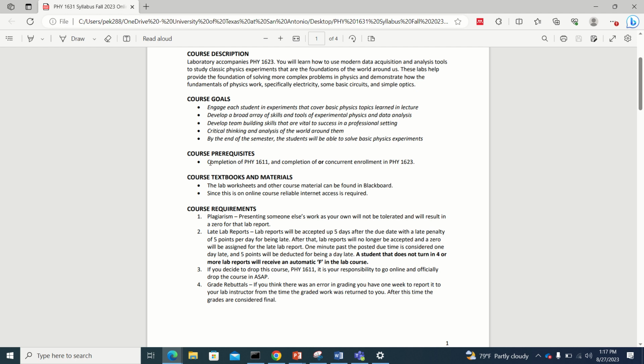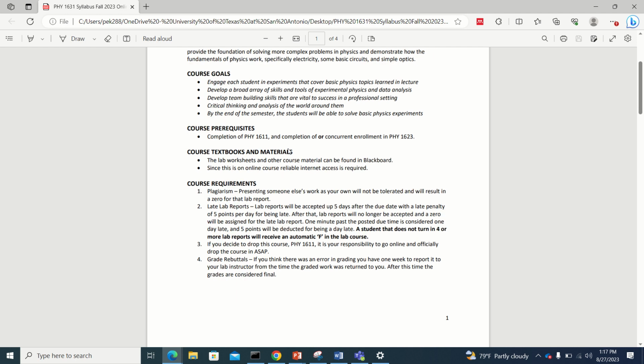But if you do provide a lengthy answer and you try to justify your points, maybe you didn't get the concepts correct, but you'll still get mostly all the credit with some corrections. So in order to get credit on your lab reports, please be thorough and very professional when you're responding to the questions in your lab reports.